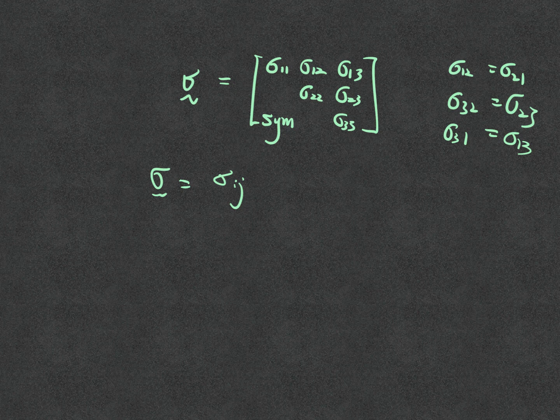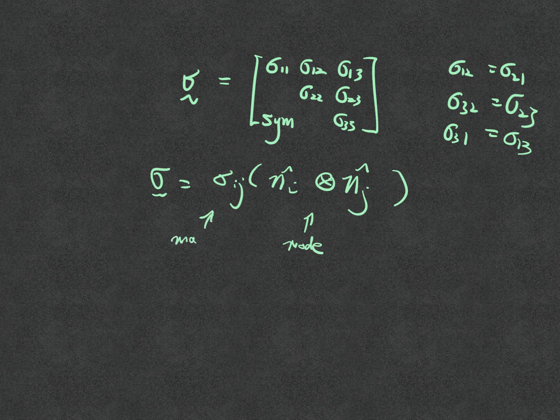Sigma ij is the component of the stress, not the stress itself. The second item gives you the type or mode of the stress, and the first one gives you the sense of magnitude.